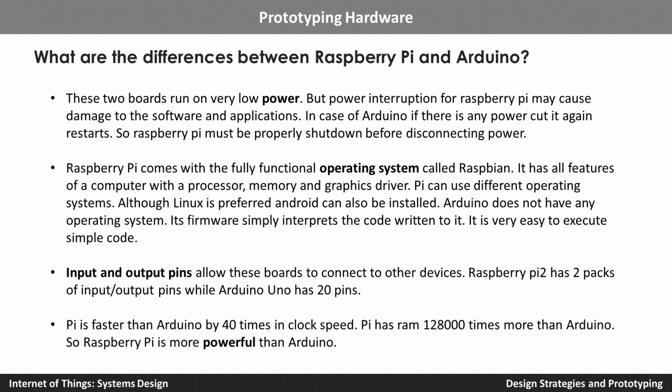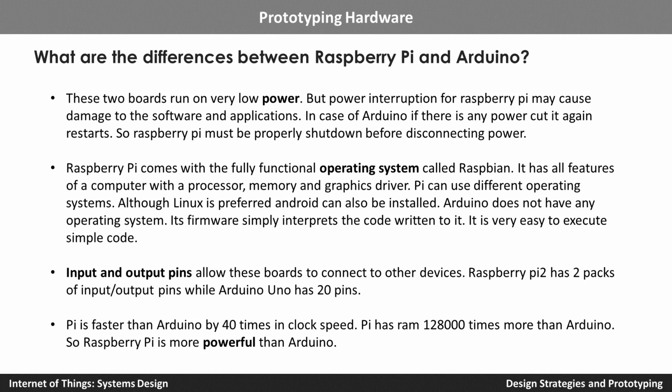Both Raspberry Pi and Arduino have input-output pins. You can connect other peripherals using those pins. Raspberry Pi has 40 GPIO extended pins, which allow you to connect to sensors and actuators. Arduino also has 20 pins to connect external sensors, actuators and other components.